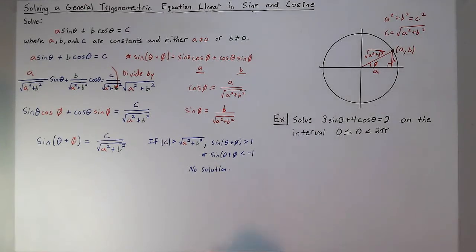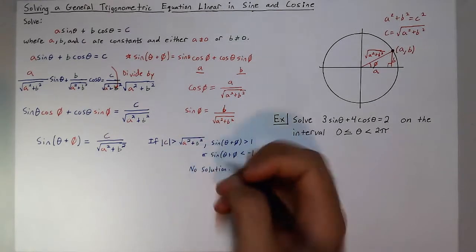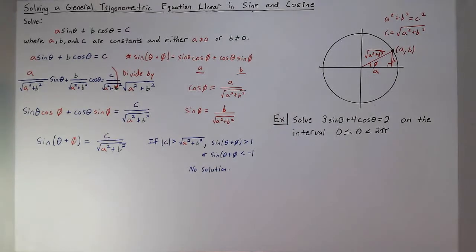Now, if the absolute value of c is less than this, then we can get a solution.